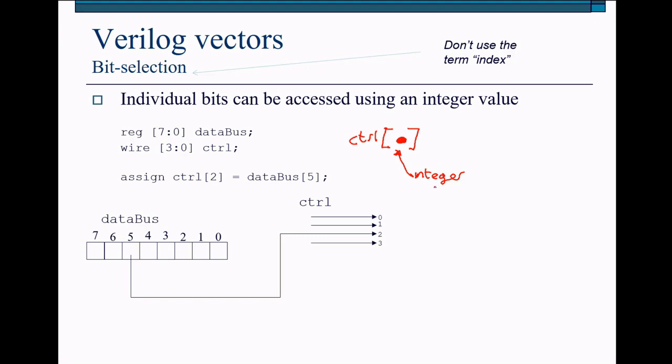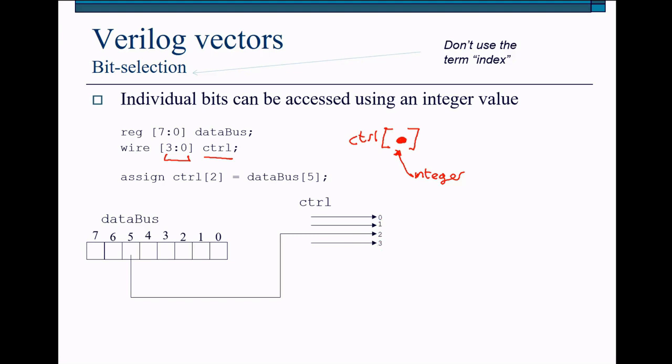What happens if the integer that we use for the bit selection is outside the range specified in the declaration? In the case of control, the range is specified as going from 3 to 0. This indicates that we can only use the values 0, 1, 2 or 3.